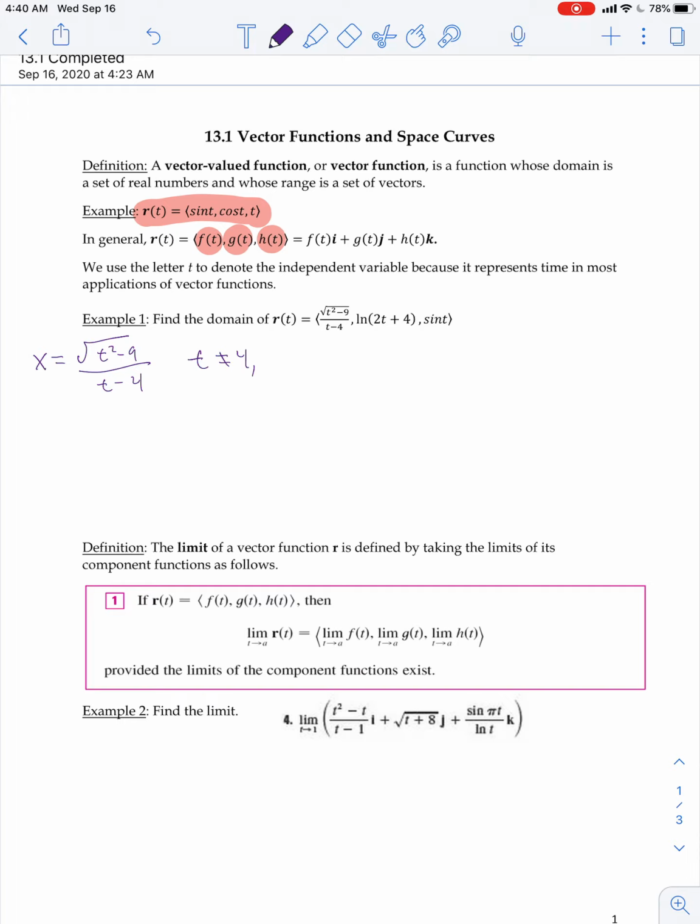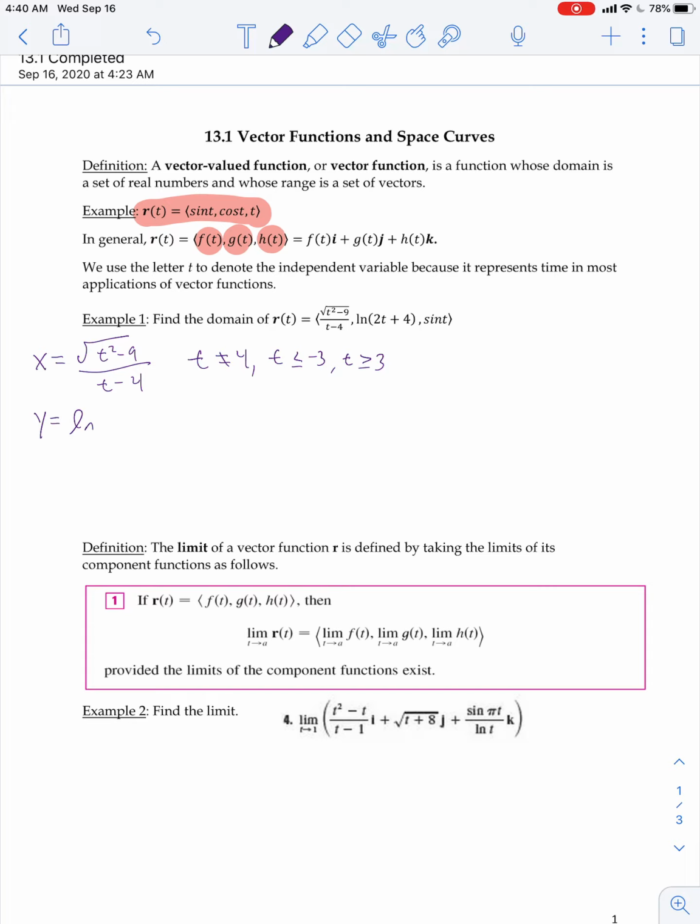And because it's t squared minus 9, the values that work are t less than or equal to negative 3, and t greater than or equal to positive 3. Any values in between those are going to give us a negative value. If you try it, plug in 1 squared minus 9, and of course it's going to be a negative value. So that's our domain for the first component.